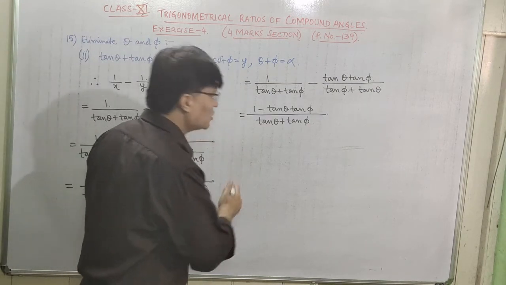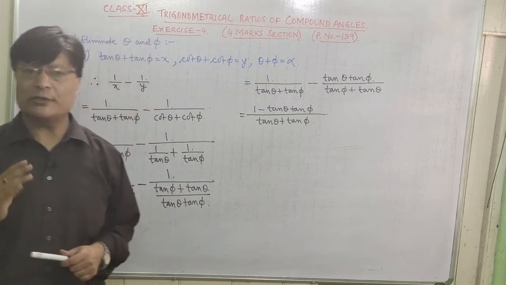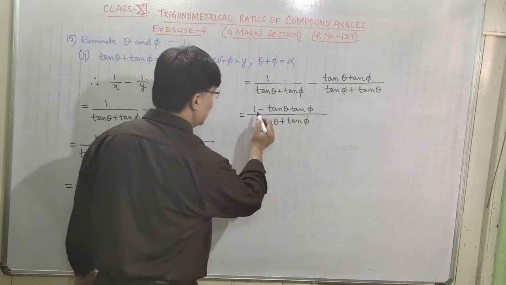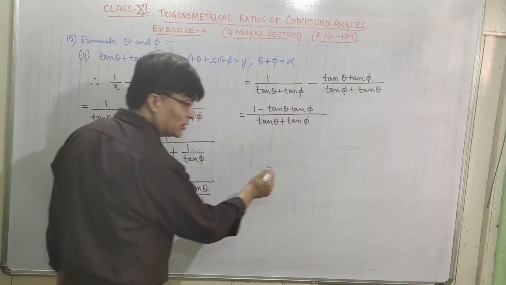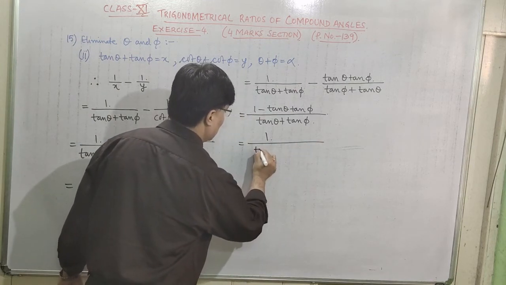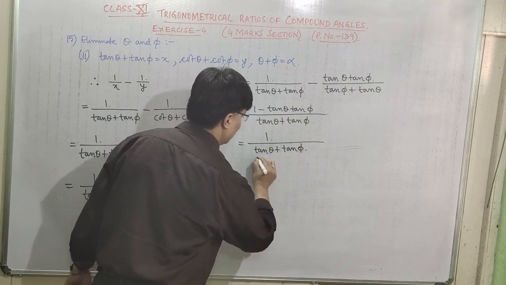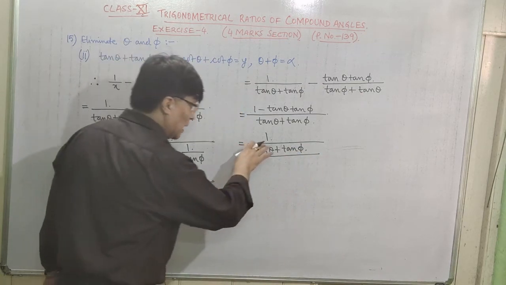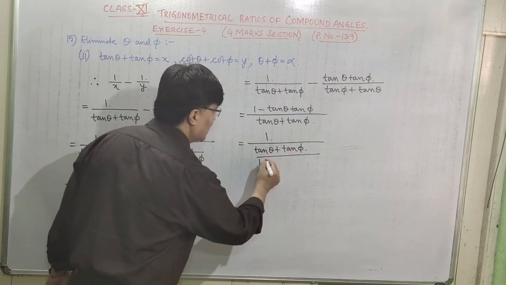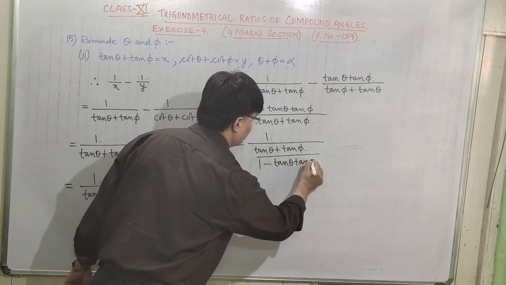So now in order to use the formula, you know the formula of tan of a plus b, which is equal to tan a plus tan b divided by 1 minus tan a tan b. Let us again take this 1 minus tan theta tan phi to the denominator. So it becomes 1 upon, what is here? It is tan theta plus tan phi divided by 1 minus tan theta tan phi.